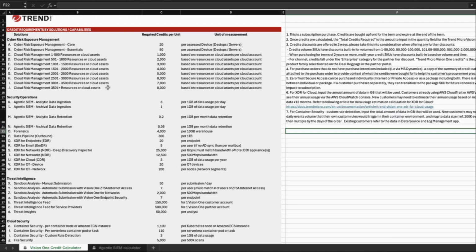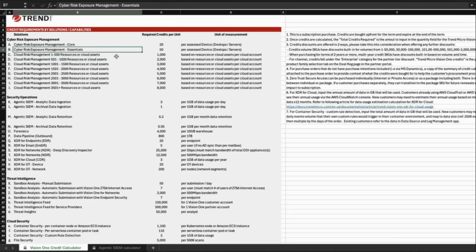Standard operating procedure here. So what this is telling you is the feature of Vision One the customer is looking to buy, let's say Cyber Risk Exposure Management Essentials. That is 50 credits per unit. And we assess units based on assessed device, so desktops and servers here. So if a customer would like to buy CREM Essentials, then it's 50 credits per device, and you just calculate the number of devices.